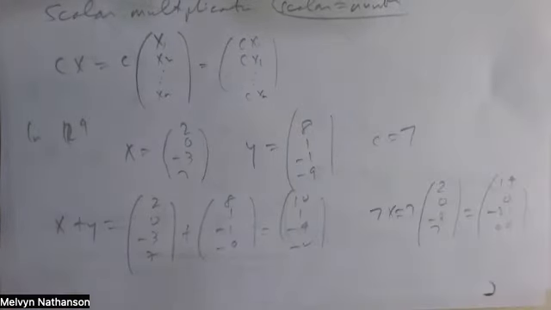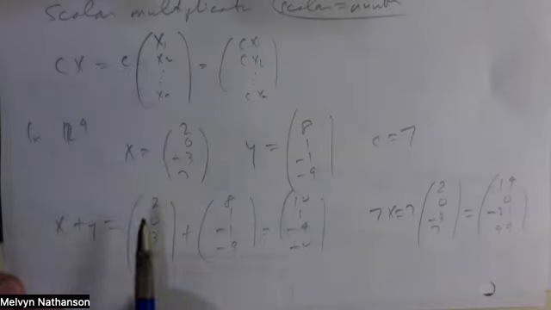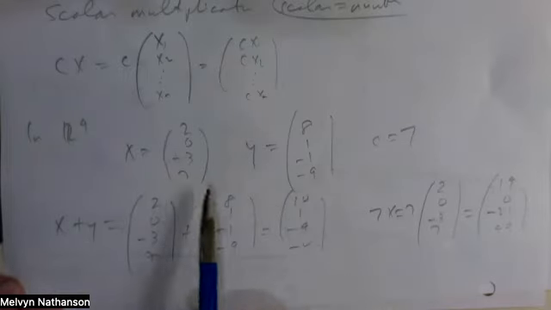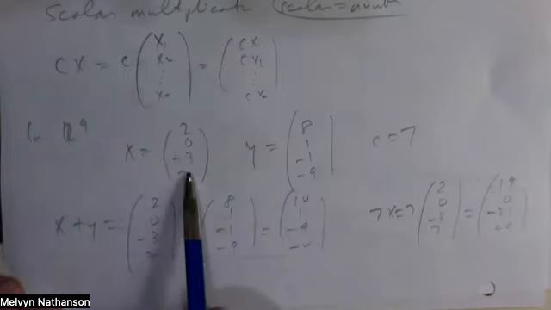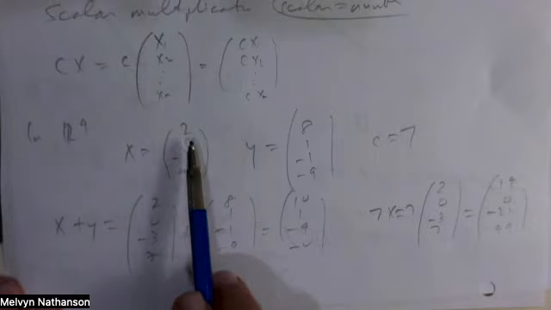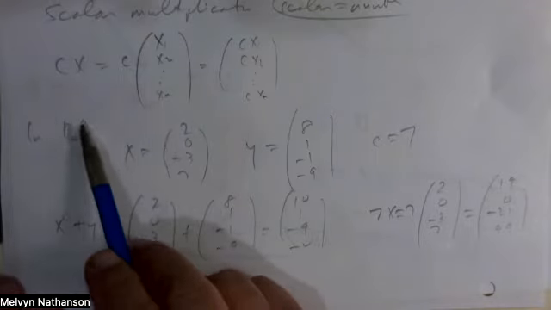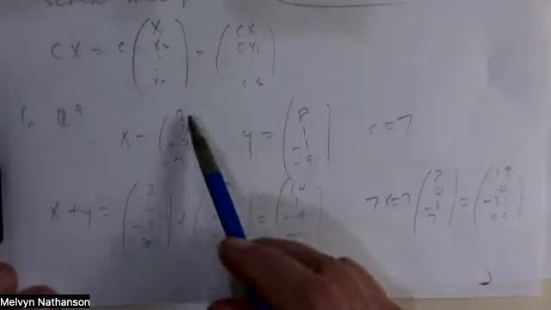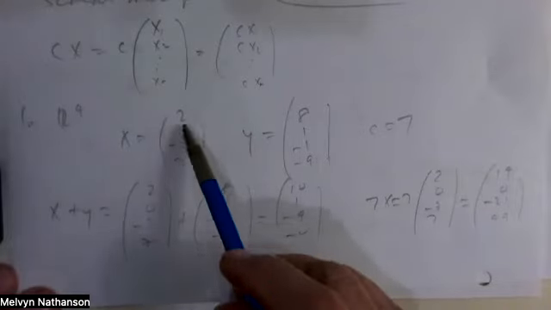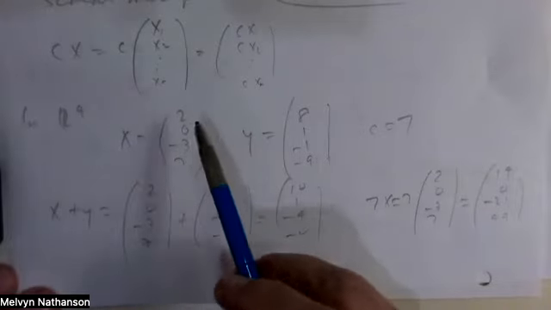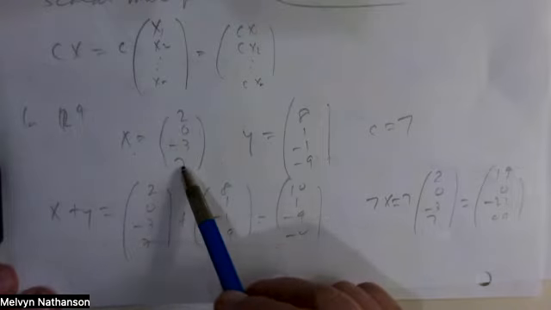Professor? Yes. I have a question. The last 2 rows, can you explain that one more time, please? The last, this and this? Yes. So here's a vector. It's a vector in R4, so it's a column of 4 numbers. This particular vector happens to be 2, 0, minus 3, 7.